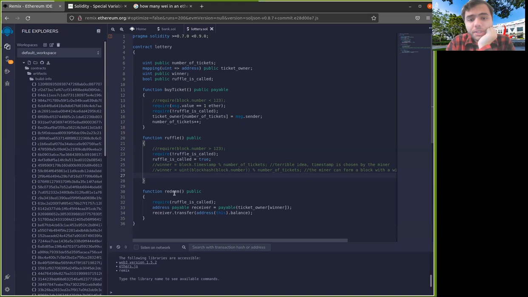So here's one simple idea. Let's say that each participant, when they buy a ticket, also give us some number. And then we will just somehow combine the numbers that the participants have given us and use that to generate our random number.